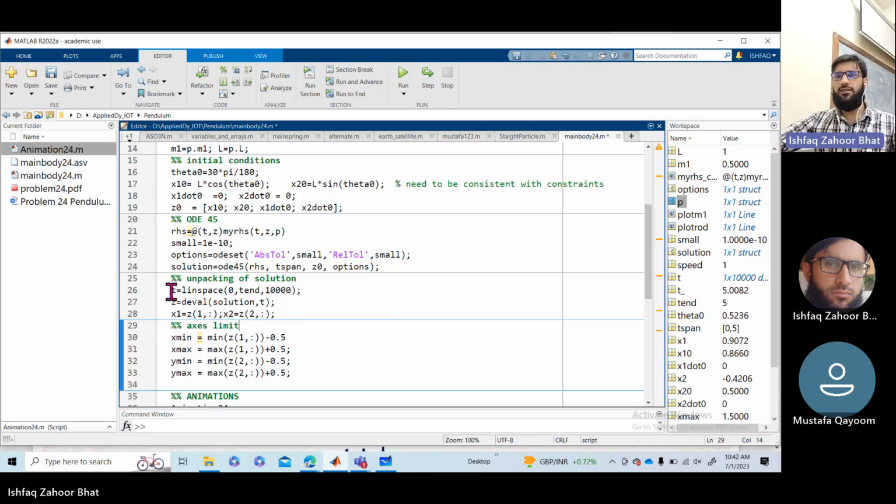That is why we define another time vector, linspace 0 to t end. We discretize our time 0 to t end, that is 0 to 5 seconds, into 10,000 time steps, and at each instant of time we will find the value of Z. So we have the entire solution here, but we want to pick up the Z solution only at these instants of time.